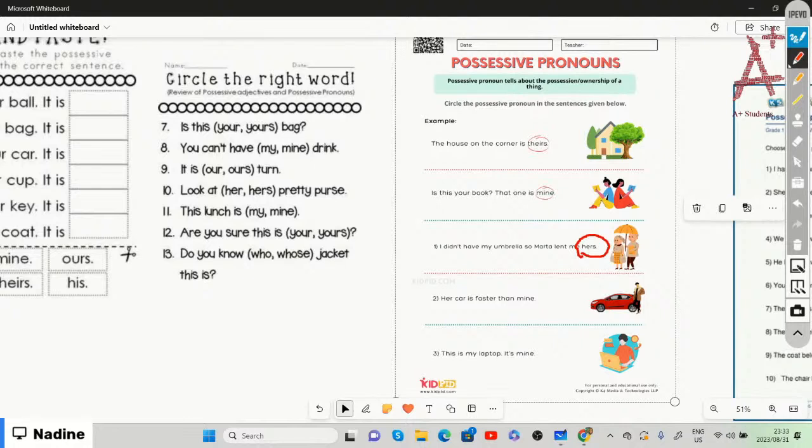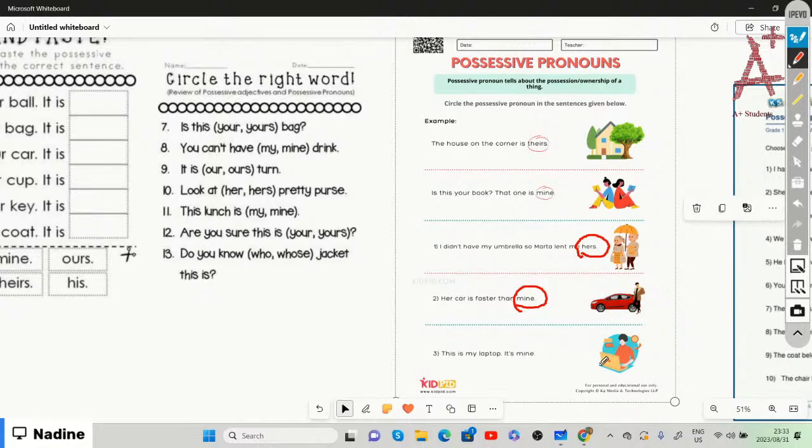Her car is faster than mine. We need to choose the correct pronoun. All right, so we will say her car is faster than mine. And then this is my laptop.